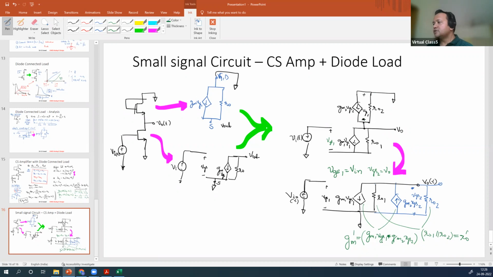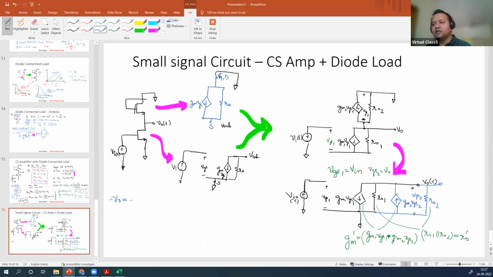So now you know VGS, we can replace this VGS1 by V in. We can replace VGS2 by V out. So you will have GM1, V in, GM2, V out, R01, R02. So these are the terminals that you have. So let us replace them. So what is V out? V out is equal to GM R out VGS1 with a negative sign.